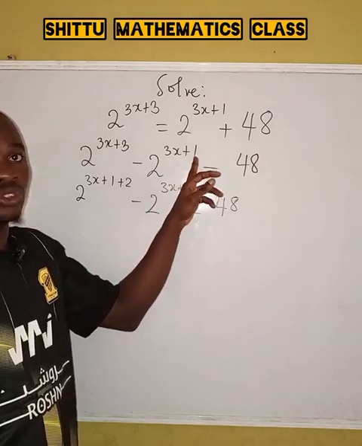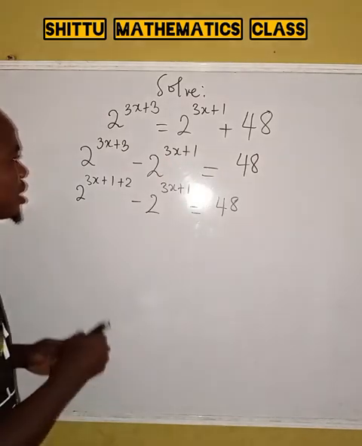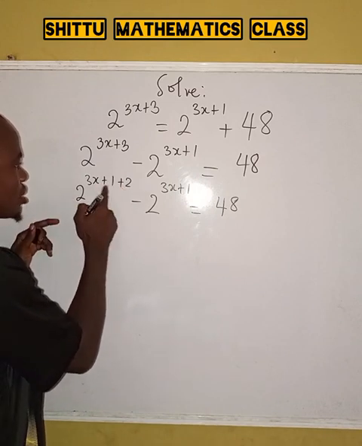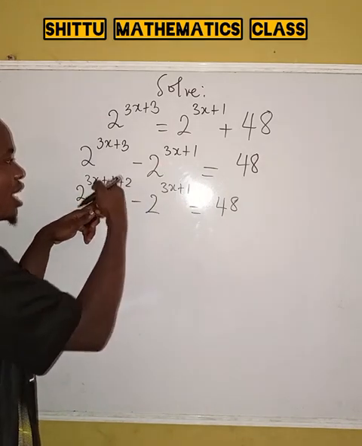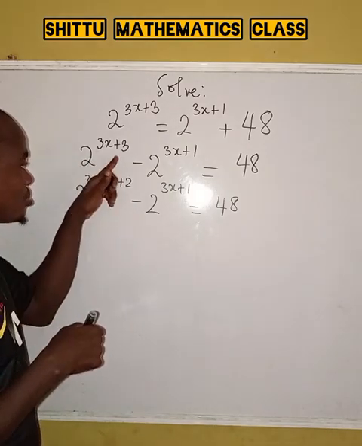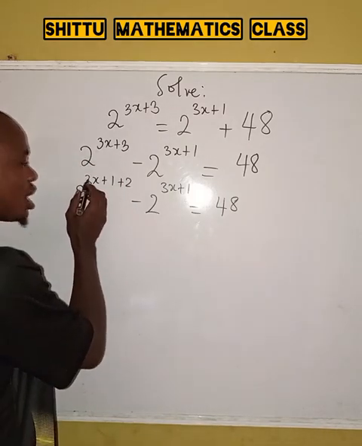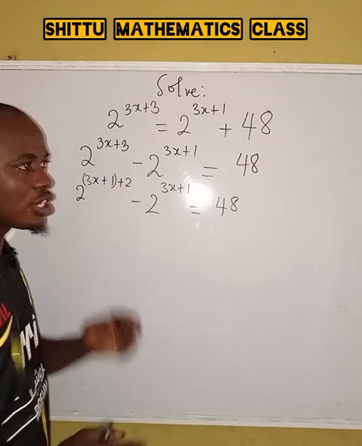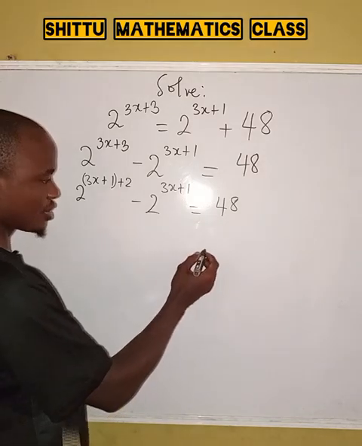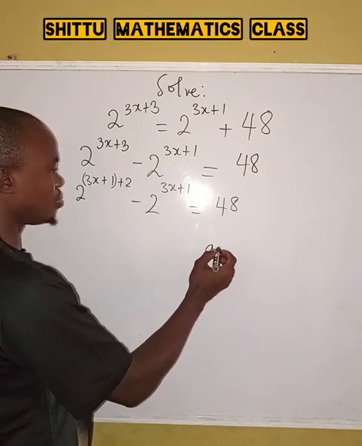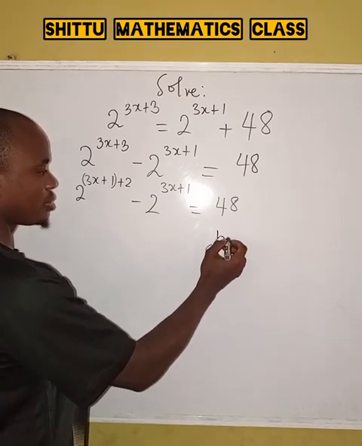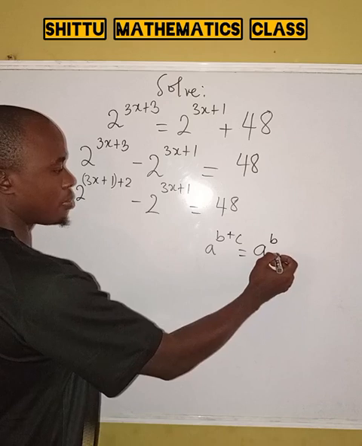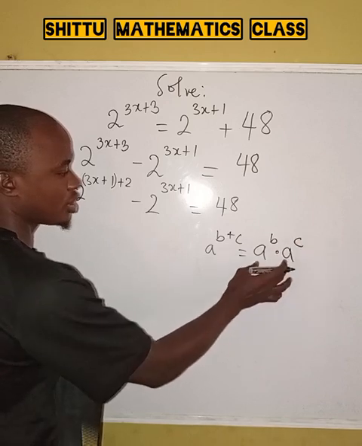I have 3x plus 1 here, and I can find this 3x plus 1 inside the first term, so it becomes 3x plus 1 plus 2. If you remember from the law of indices, when you have a to the power of b plus c, this gives us a to the power of b multiplied by a to the power of c. Do you understand now?